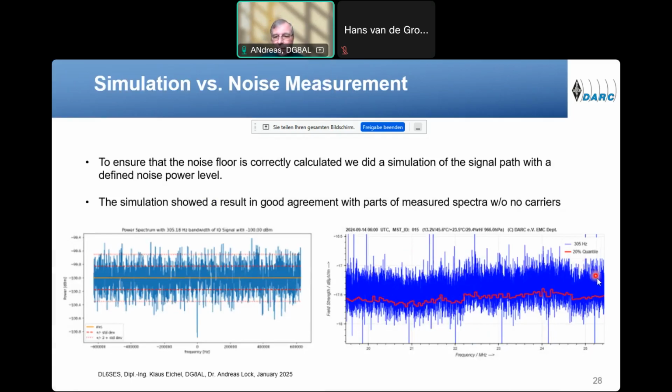On the left-hand side, you see a measured spectrum with our 20% quantile. It's about 2.2 dB below the average here. And on the right-hand side, I did a simulation with similar parameters. As you can see, the variance of the signal in both cases is in very good agreement.